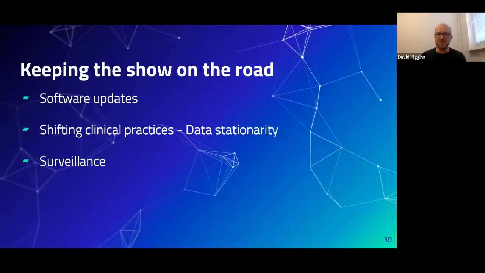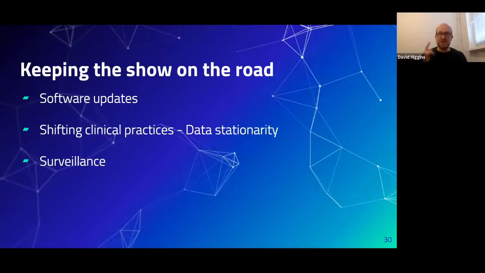The second issue is the stationarity of the data, so shifting clinical practices. If the diagnostic standard changes every 2 years, then your machine learning model has a lifetime of 2 years, and you need to have a plan of how you're going to update it. So it's kind of crazy to spend an awful lot of money getting people to manually tag data today if you realize that it changes on average every 2 to 3 years.